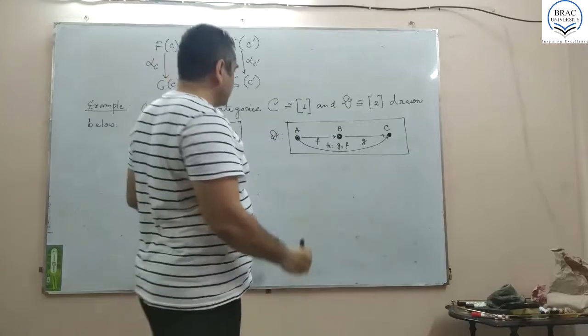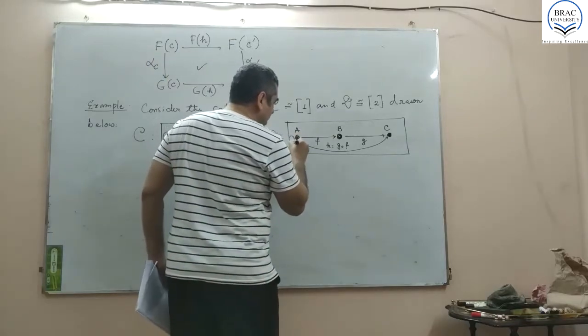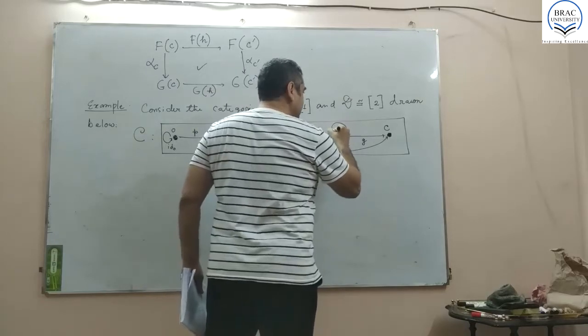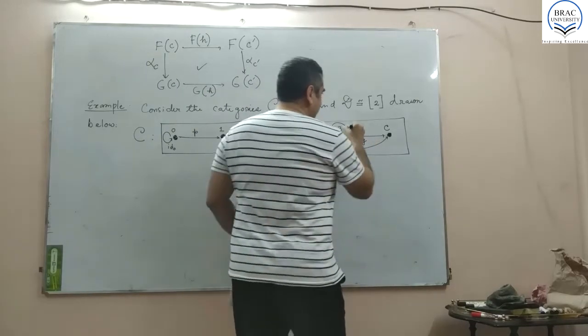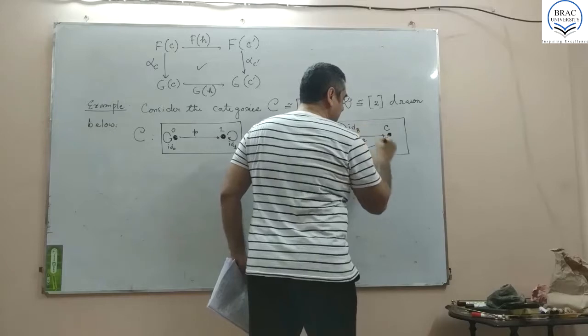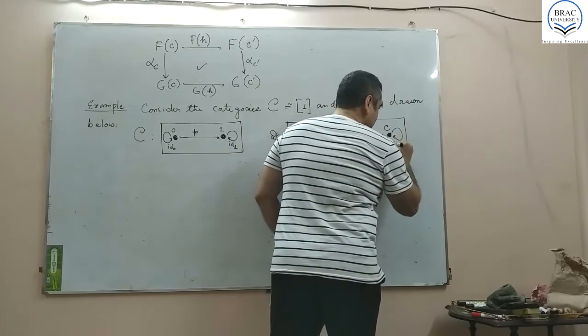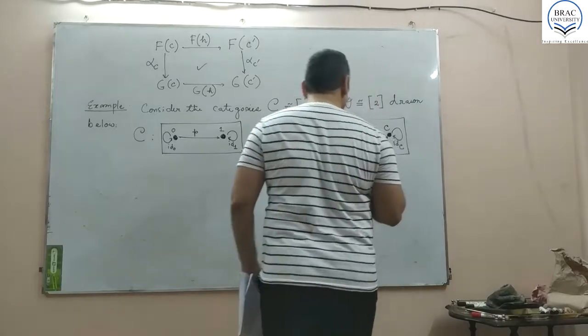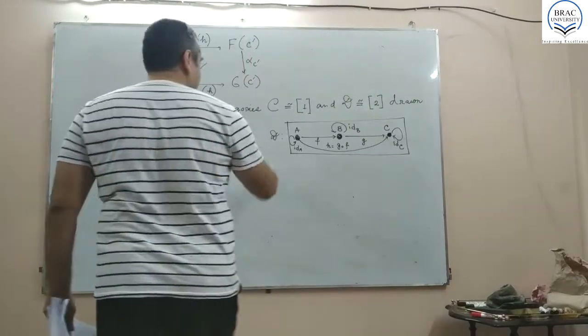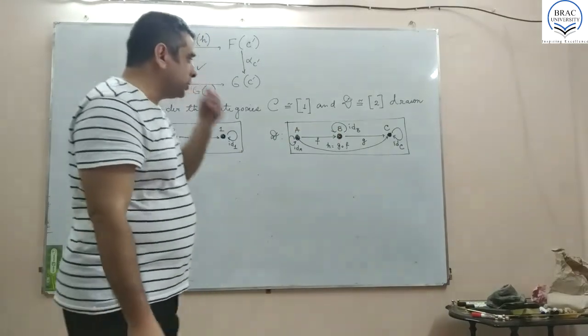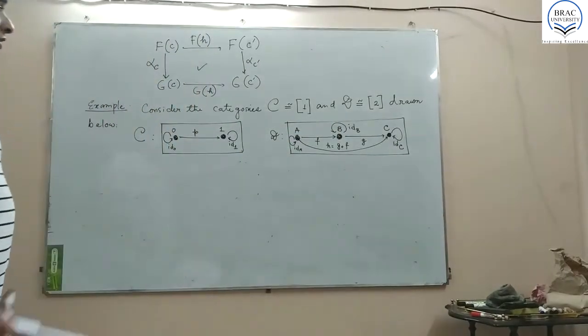And there are three loops, ID A, ID B, and ID C. We have checked earlier that this is indeed a category. So these are the two categories.